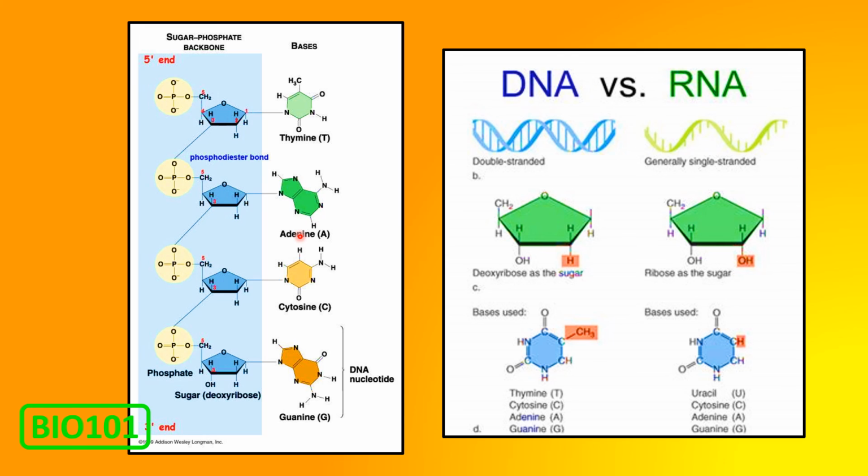Down here we have cytosine. It's another single ring structure. We call these pyrimidines. Purines are double rings. And here's guanine, another double ringed structure. And guanine always binds to cytosine.